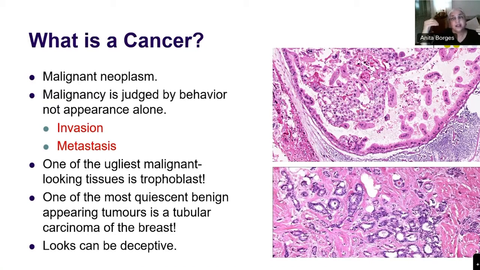It's just the way that these normal tissues or tissues that are benign behave. So we need to know that A, it is a tumor, B, that it is a malignant tumor because it has demonstrated invasion and metastasis. Okay, so don't go only by appearance.